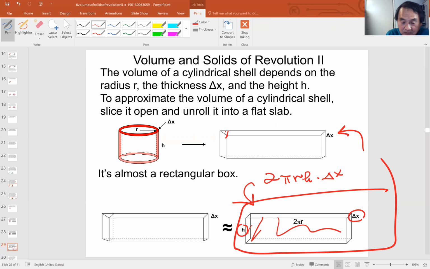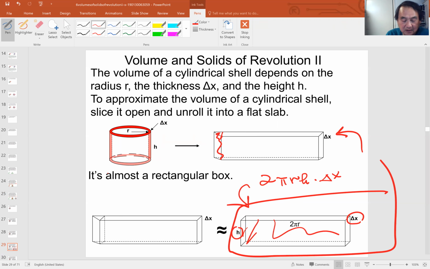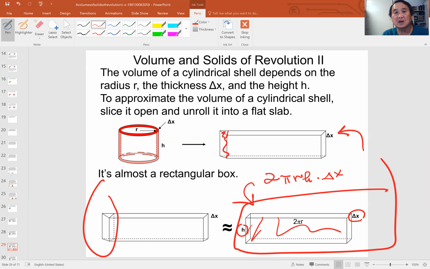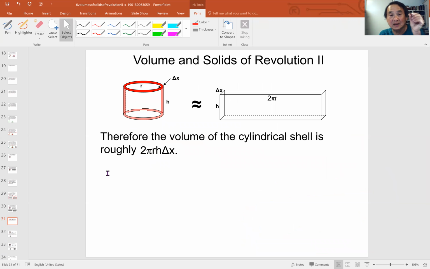Except there's a little extra part we didn't count, but in the approximation that can be ignored. That will go to zero as we get the cylinder very, very thin.